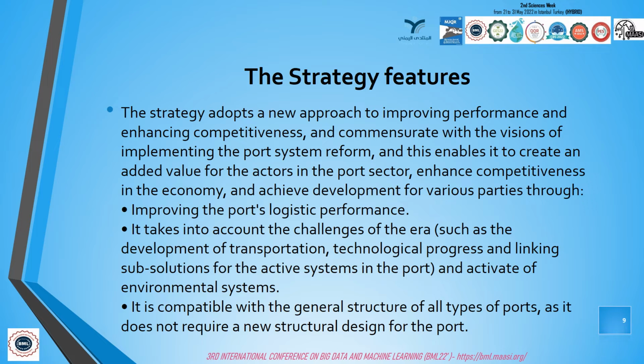It takes into account the challenges of the era, such as the development of transportation, technological progress, and linking sub-solutions for the active systems in the port and the environmental systems.